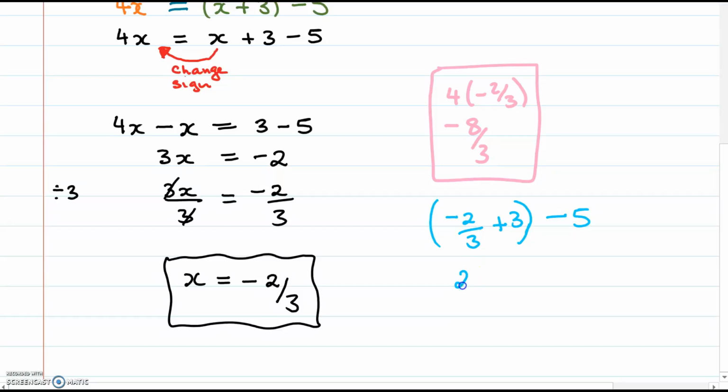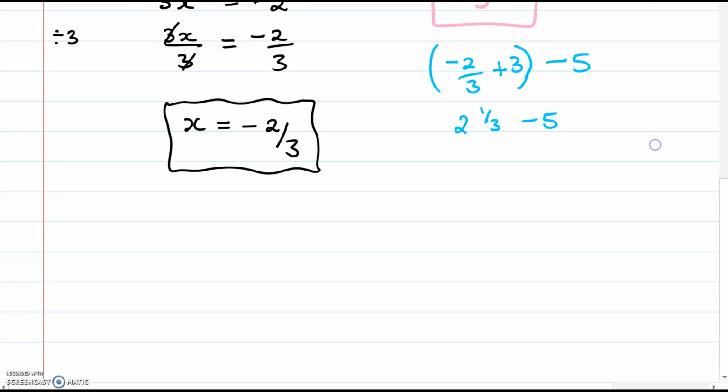And 2 and 1/3 minus 5, if you want to change everything into a common denominator, that would be 7 over 3 minus 15 over 3. Different signs, so subtract 7 from 15 is 8 over 3. 15 is the bigger number, so you keep its sign: minus 8 over 3.